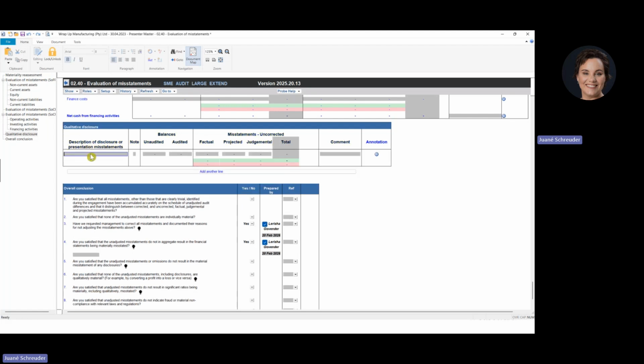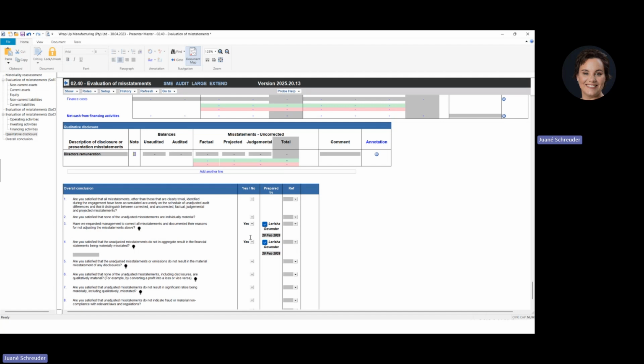So here, for example, we could say that there is a disclosure issue, for example the director's emoluments, or the director's remuneration, that's not disclosed. That's a requirement from the compliance side, and if the client does not disclose that, then we say directors' remuneration, and the balances are not effective.